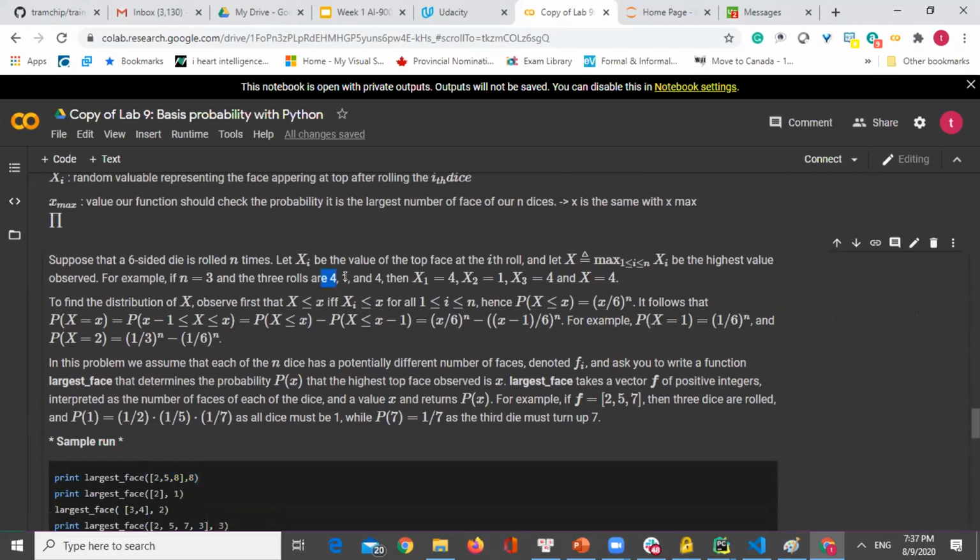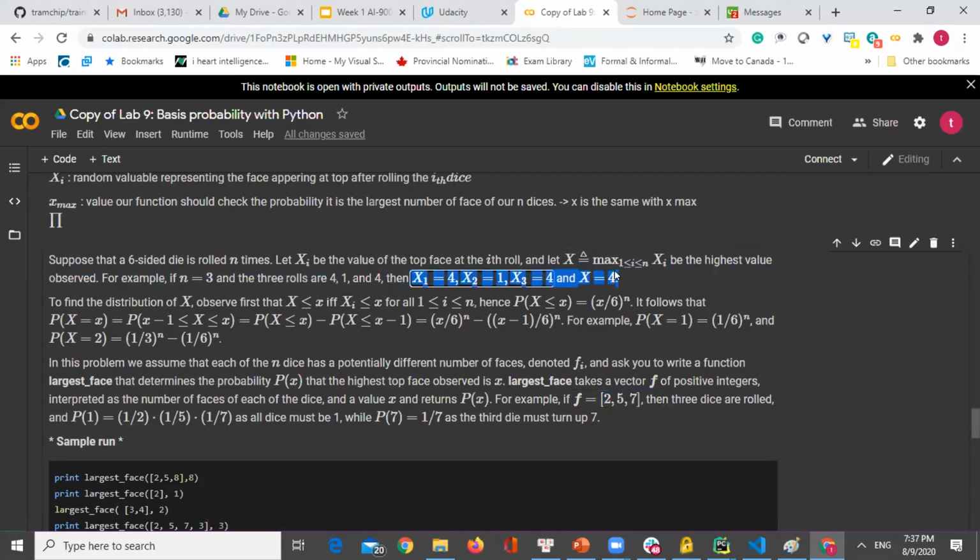Okay, 3, 4, 1, 4. The outcome is the number appearing at the top face. Oh, it is? I'm a little bit lost. I think they said it somewhere. X will be the value at the top face.